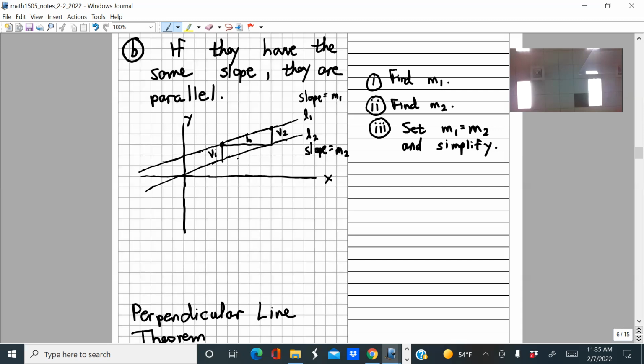Now, how do I calculate the slope of this line L2? From this triangle, how do I calculate the slope of the bottom line, which I'm going to call M2, because it corresponds to L2? So how do you calculate the slope of this line from this picture? Well, don't we have a rise and a run?